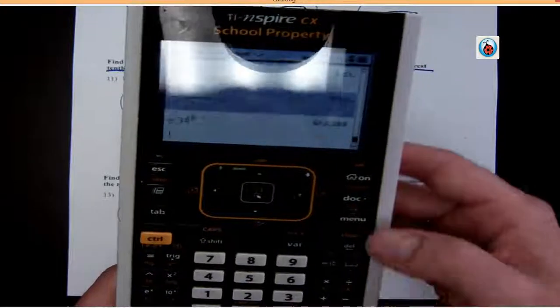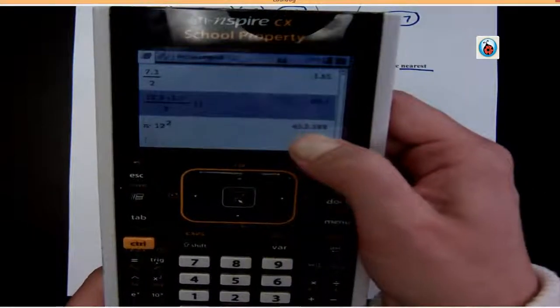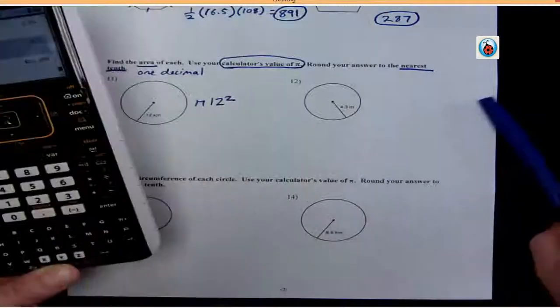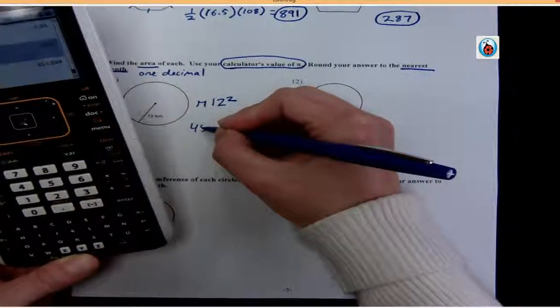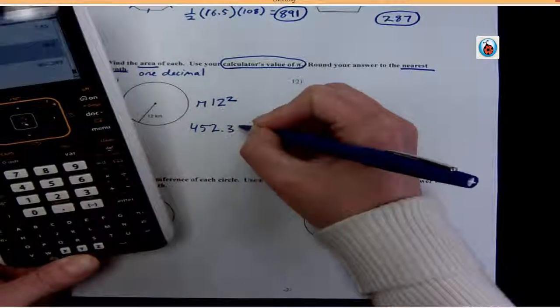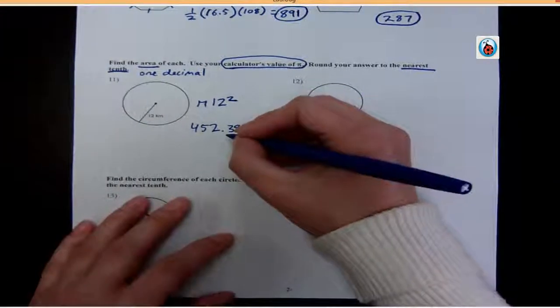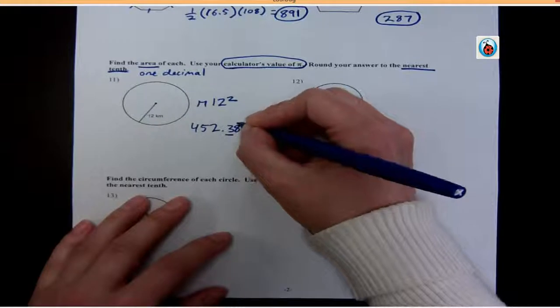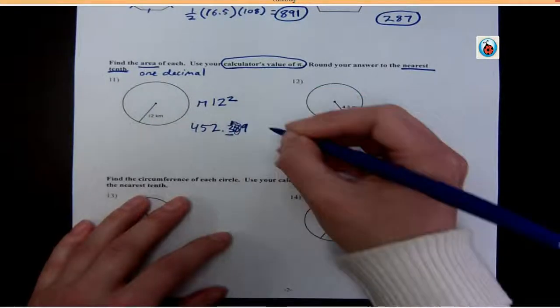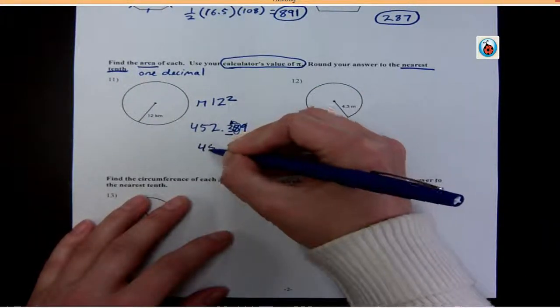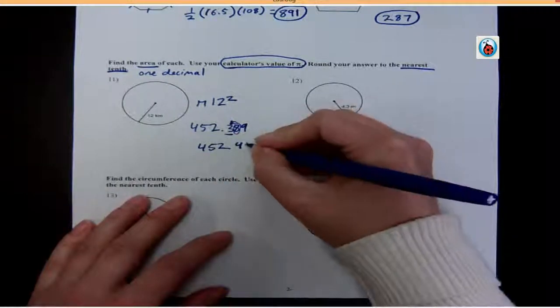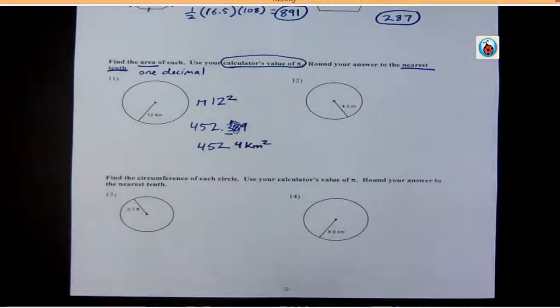It totals it all for me and tells me 452.389. And then I look at, so 1 decimal place is here. The 8 means it moves up. So my answer is 452.4 kilometers squared.